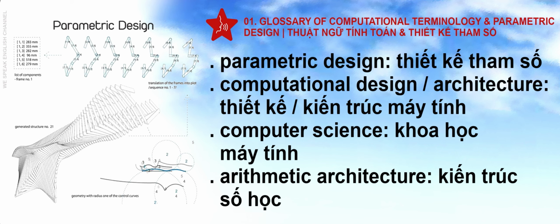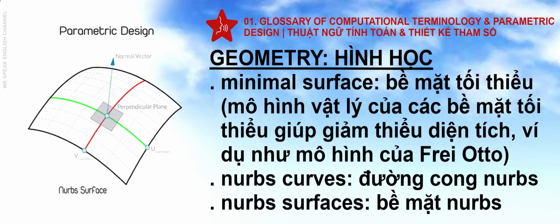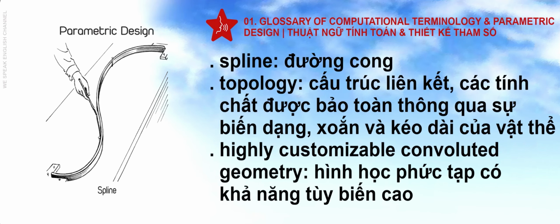Arithmetic architecture. Geometry. Minimal surface. NURBS curves. NURBS surfaces. Topology. Highly customizable convoluted geometry.